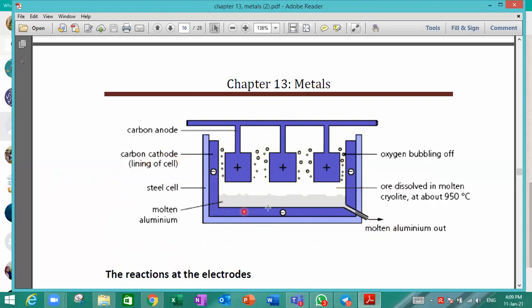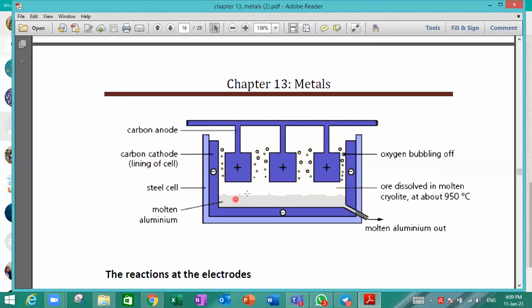It will be connected to the negative pole of a direct current supply, and so it will be the cathode in this electrolysis. And we are going to place rods of graphite also, but connected to the positive pole of the direct current supply, so these rods will act as the anodes.